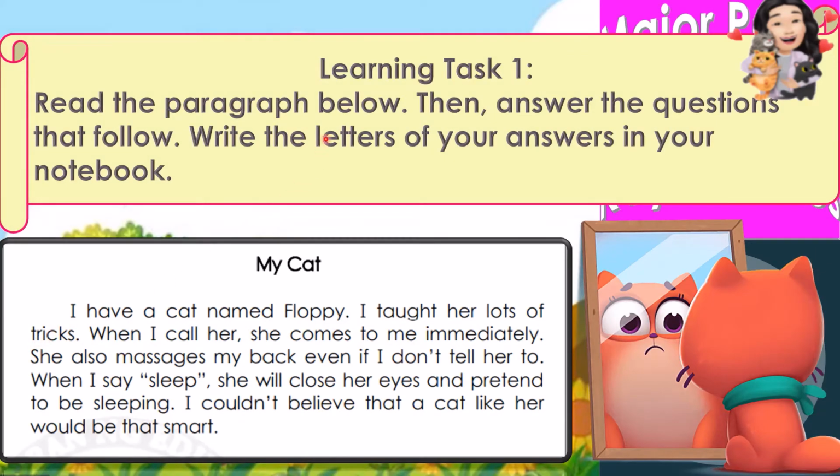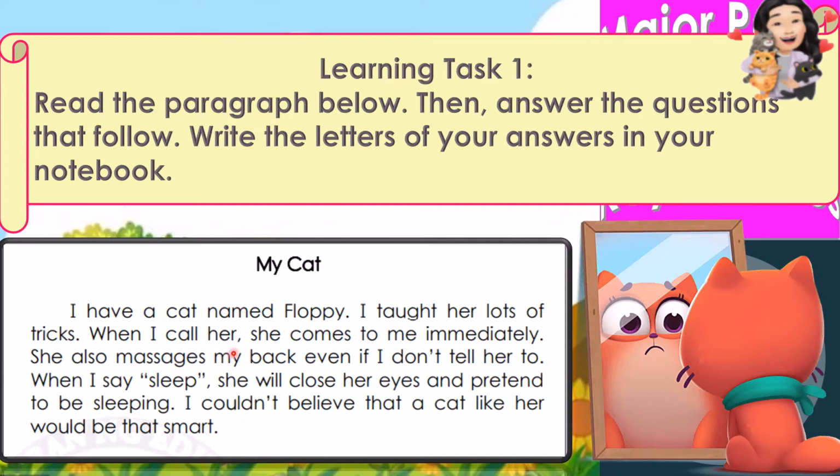Now let's try to answer learning task 1. Read the paragraph below. Then answer the questions that follow. Write the letters of your answers in your notebook. The title of the story is My Cat. This is my cat. I have a cat named Floppy. I taught her lots of tricks.